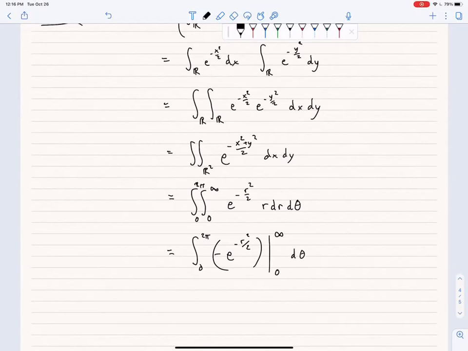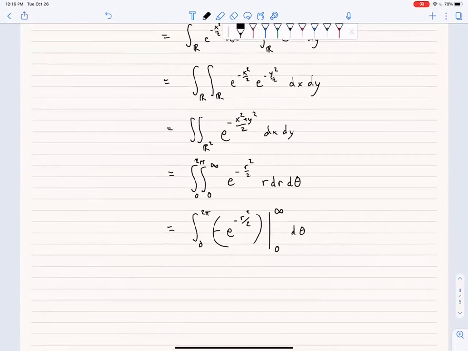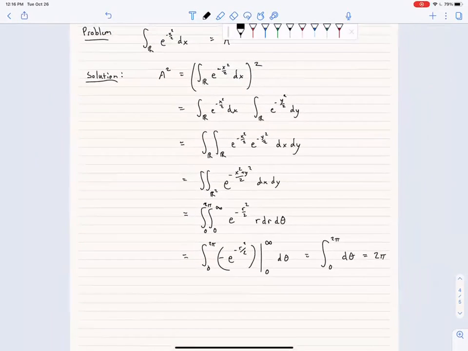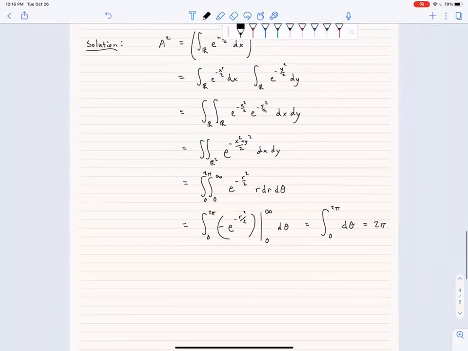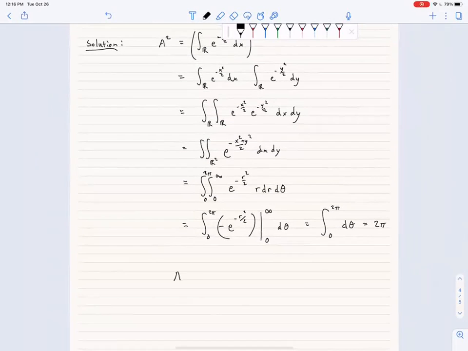So at infinity, we get 0, and we subtract off negative e to the 0. So we're adding, we just get 1. Then we can do this integral pretty easily, 2 pi. So A squared is 2 pi, or A is the square root of 2 pi.